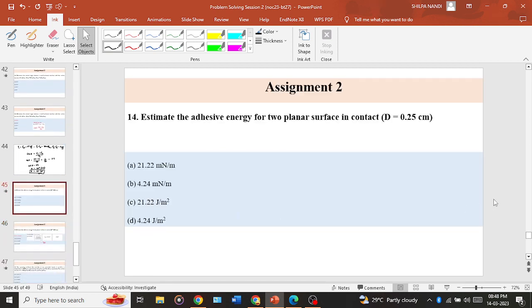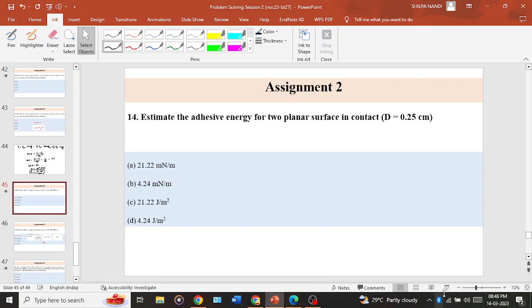Question 14 is, you have to estimate the adhesive energy for two planar surfaces in contact, which has a diameter of 0.25 centimeter, and the options given are: A, 21.22 millinewton per meter; B, 4.24 millinewton per meter; C, 21.22 joule per meter square; and lastly D, 4.24 joule per meter square.